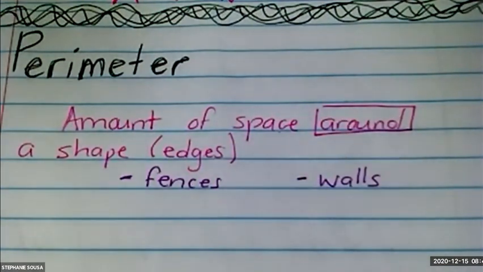So perimeter, you can think of it as fences and walls. Area can be thought of as carpet or tile because that is an amount of space that is getting covered up. So perimeter goes around a shape, area goes inside of a shape.